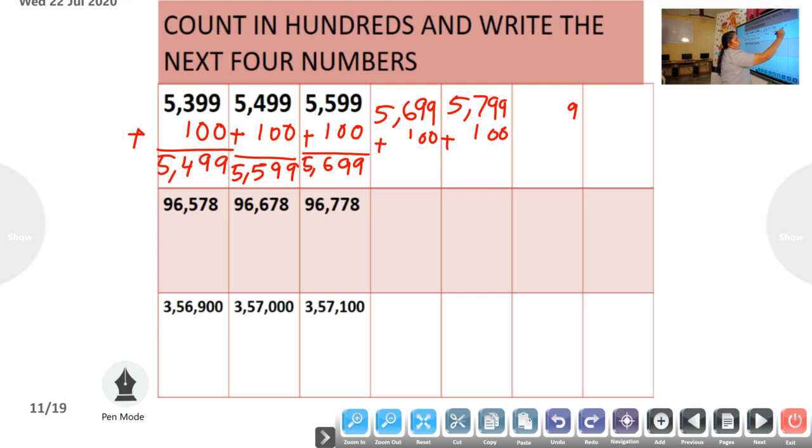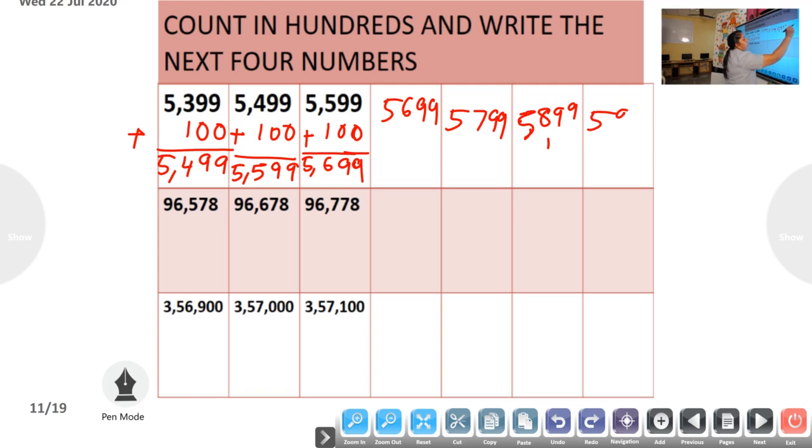9, 9. 7 plus 1 is 8. Isn't it? Then 5. Clear? Then you have to add 1 to the hundreds place.